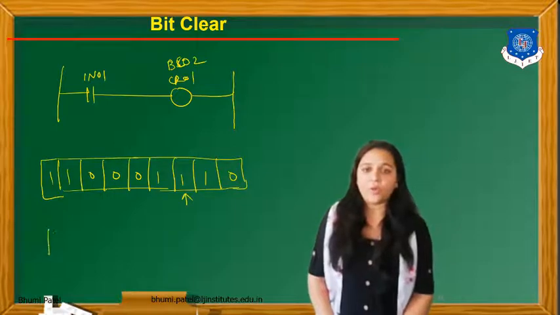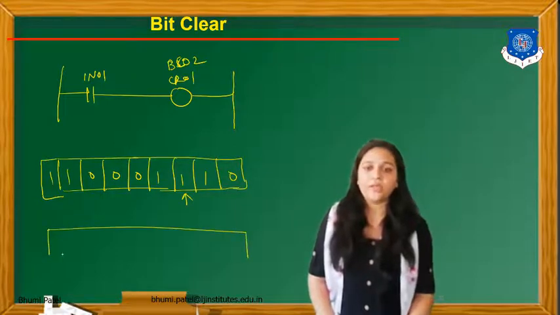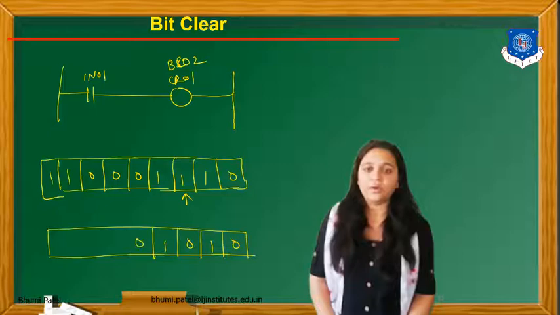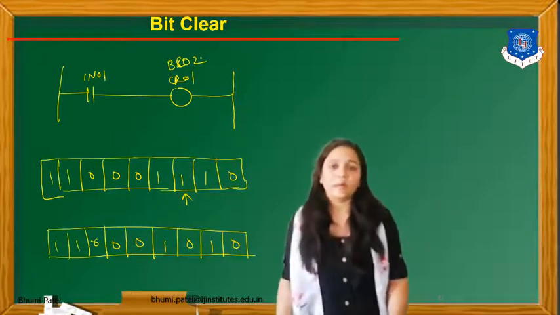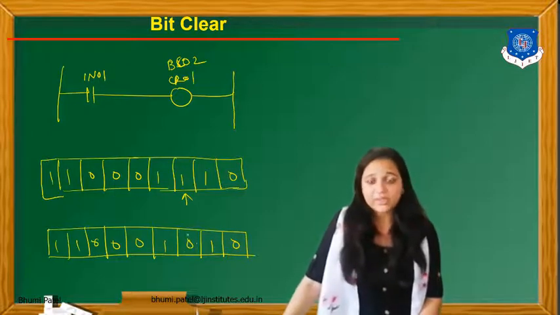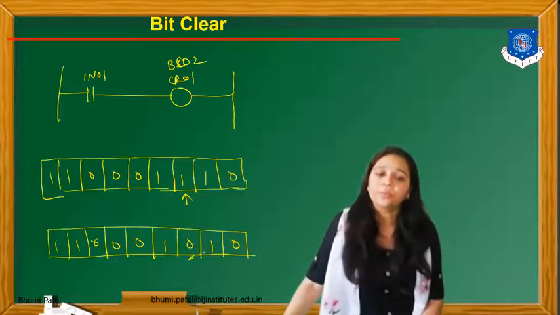So now my new 8-bit data is like this manner 0 1. Now it is 1 from 0 1 0 0 0 1 and 1. So if we execute this command with BC02, it will clear the bit number 2 data.